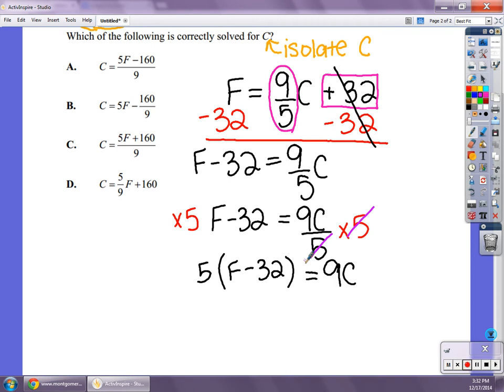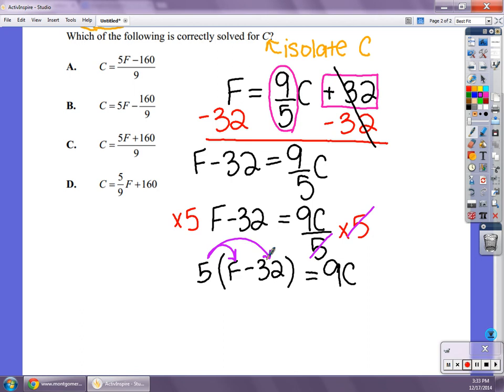Hopefully we can see on the left side we need to distribute our 5. So I'm going to multiply 5 to both terms. Now, if you look at our answer choices, hopefully we can see that F minus 32 wasn't there, and the big reason for that is we need to distribute.